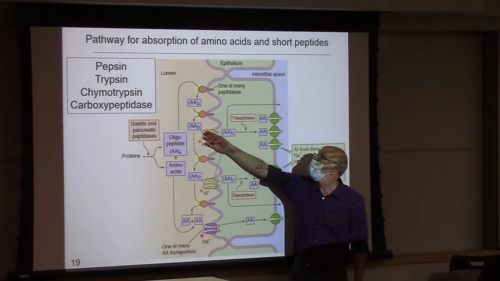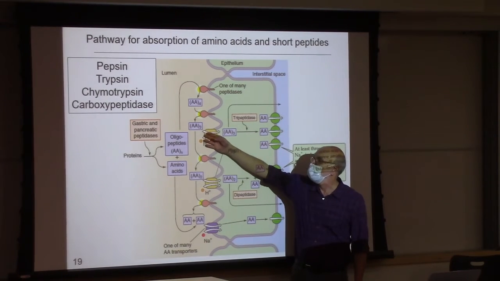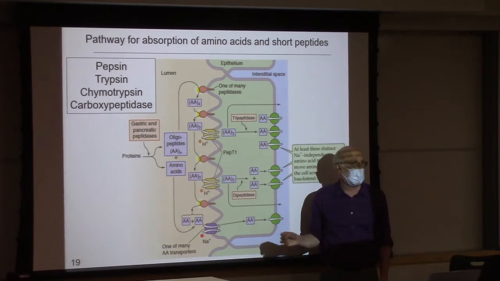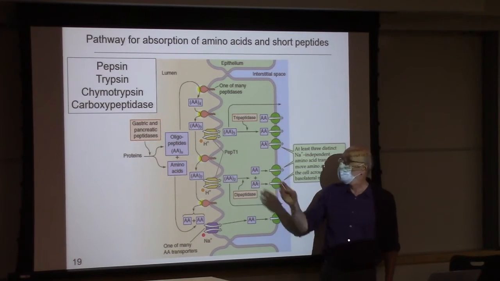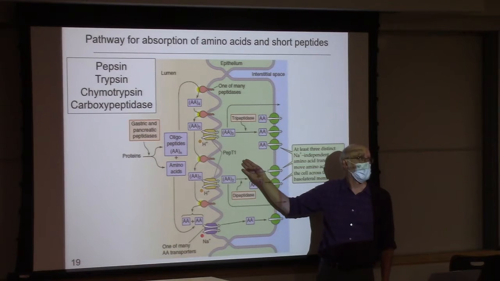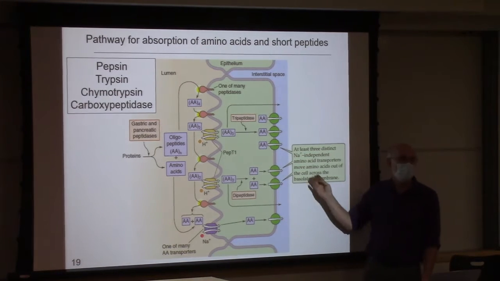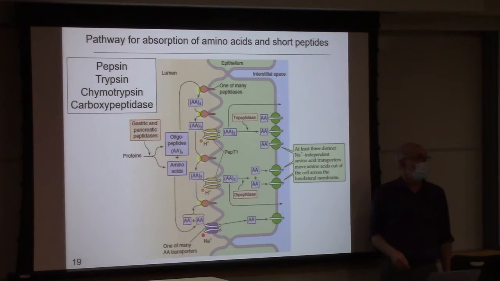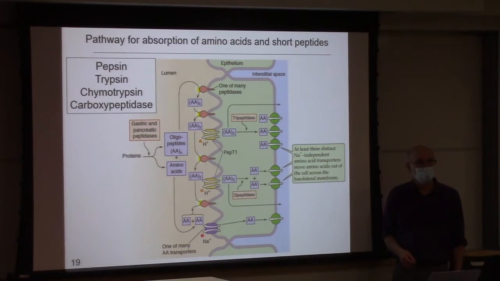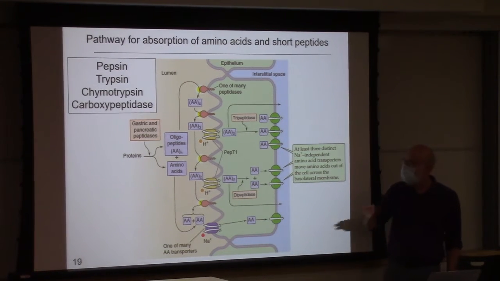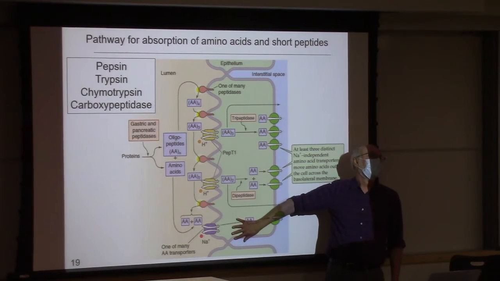Di and tripeptides are transported by a proton-driven cotransporter and broken down inside the cell to amino acids, which then flow out the basolateral membrane down their concentration gradient passively. If you can tell me this story, you're fine.